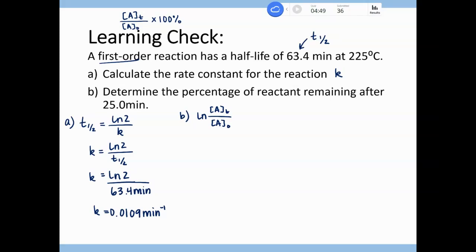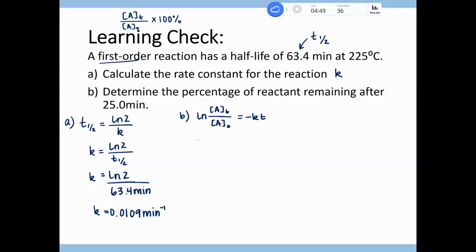There's only one natural log there. That is equal to negative k times t. So we don't need the individual values of A at time t and the initial concentration. We just need to know what that fraction is equal to, and that multiplied by 100% will tell us the percent remaining.